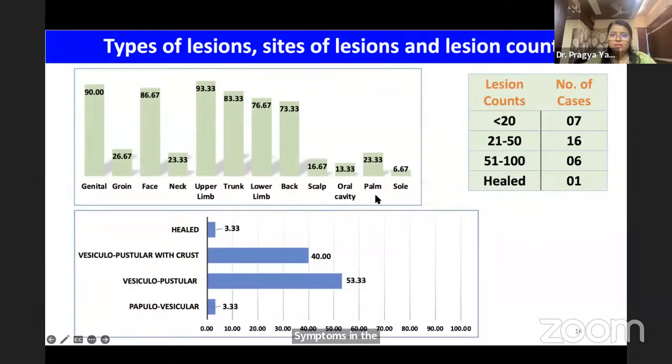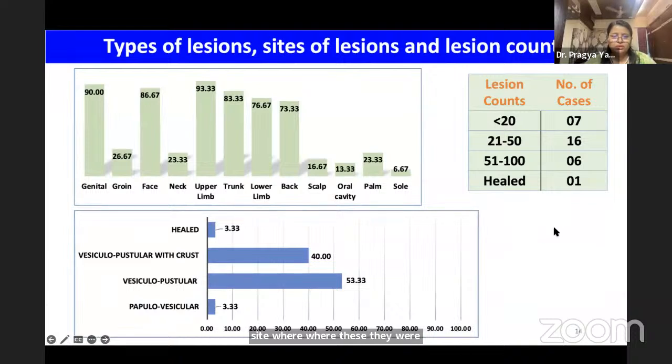If we look at the lesion sites and counts, we can see genital, upper limbs, trunk, face, and lower limbs and back are the prominent sites where they were found.